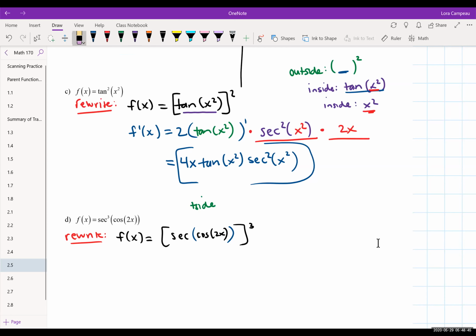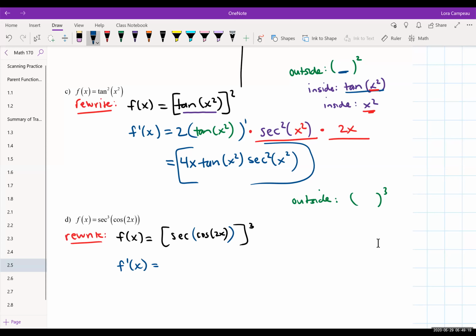Labeling my outside, off to the side, my super outside function is something to the 3rd power. Now I notice that something is not just a nice single x, so if I'm going to take the derivative, there are chains involved. It looks like there are 3 functions involved in this composition, so that's where the 3 links will come from.